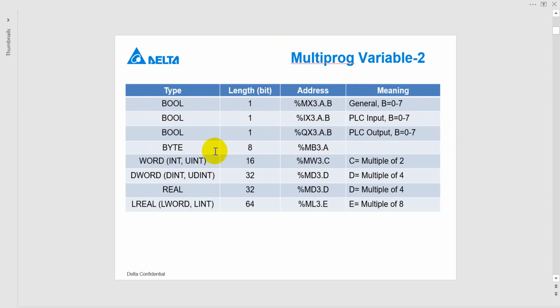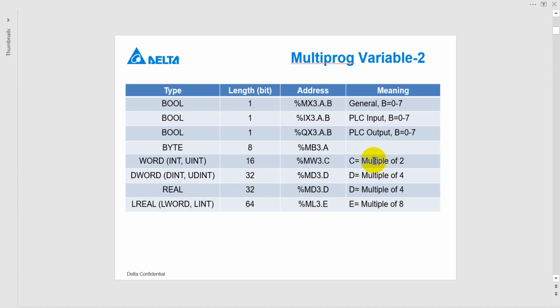For the PLC input we use IX, and the Q means a PLC output, same as the standard. And here for general purpose, we use MX, and for the byte we use MB, for word we use MW, for double word we use MD, and for real we use ML.